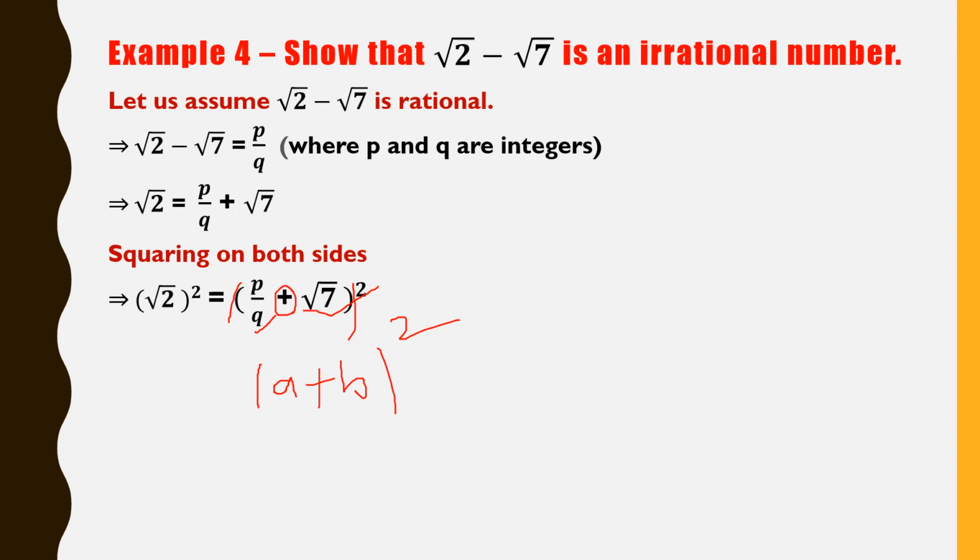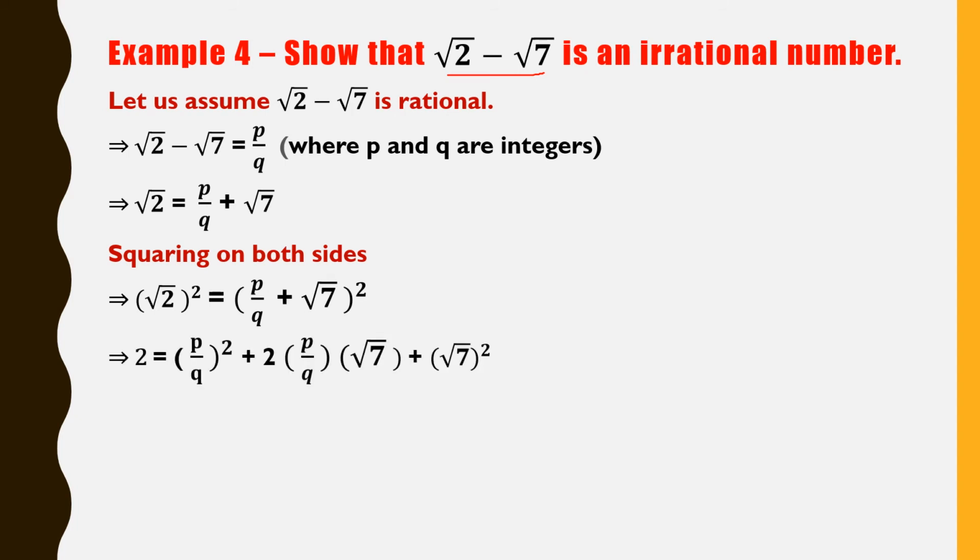If you observe carefully, it is in the formula (a + b) whole square. Now write this one in the (a + b) whole square method. So simple, children: if you are perfect with this one problem, you can do it even if it is minus, plus, whatever it is. So your (a + b) whole square method will be like this.